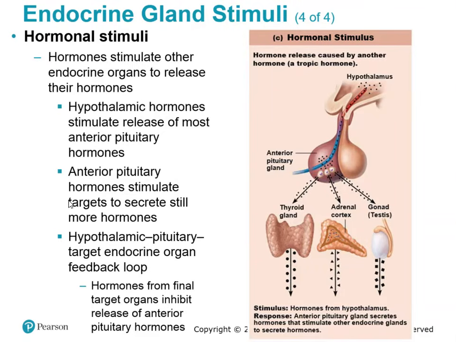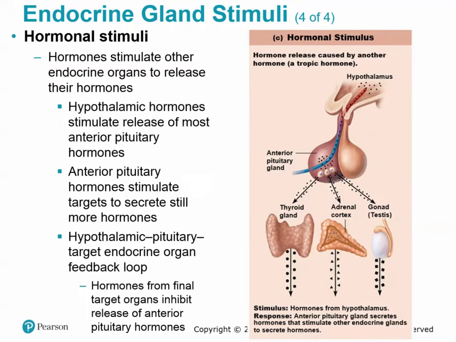Anterior pituitary hormones stimulate their targets to secrete more hormones. Here the anterior pituitary is secreting tropic, or stimulatory, hormones to stimulate the thyroid gland to secrete its hormone, or stimulate the adrenal gland to secrete its hormone, or stimulate the gonad to secrete its hormones.